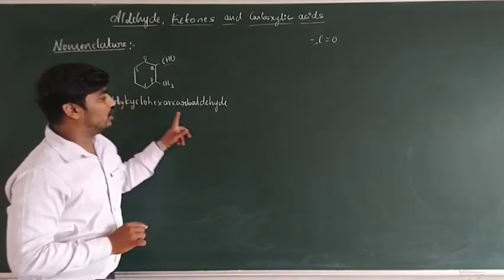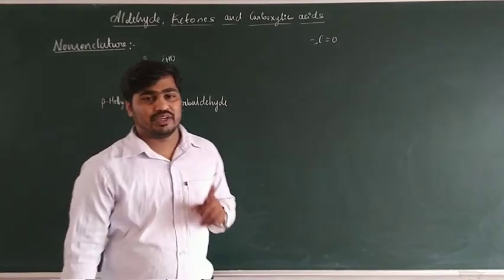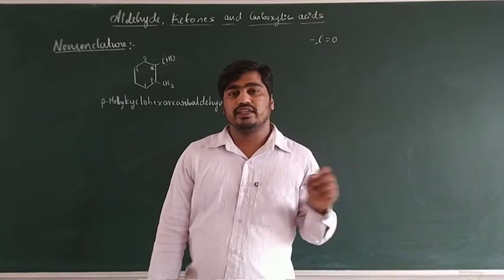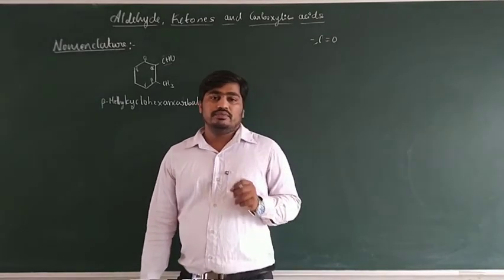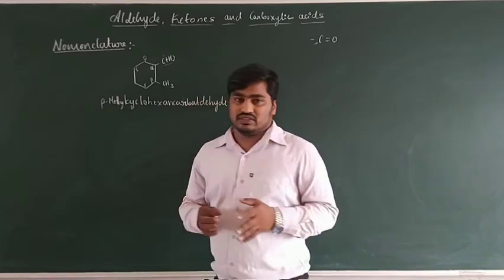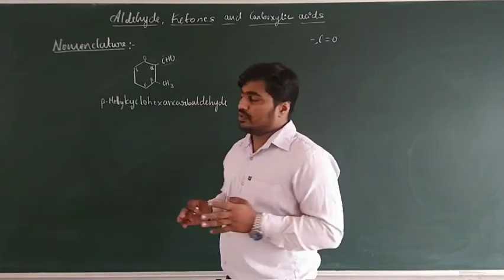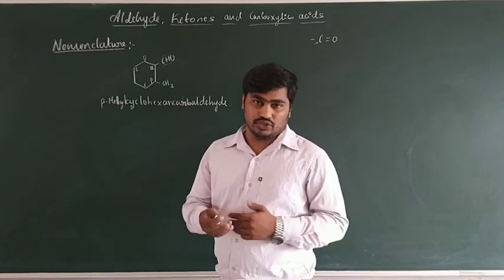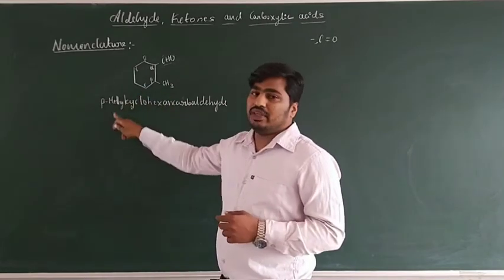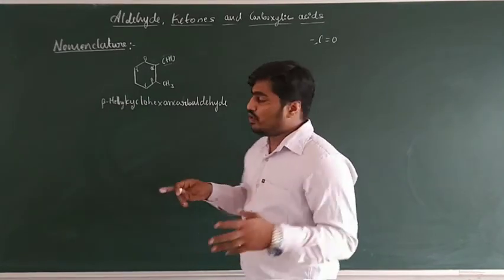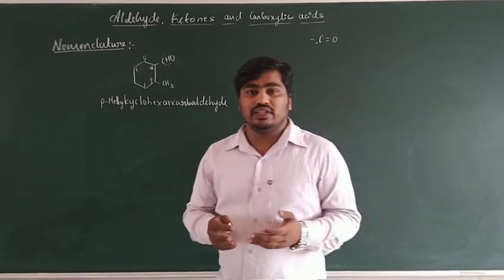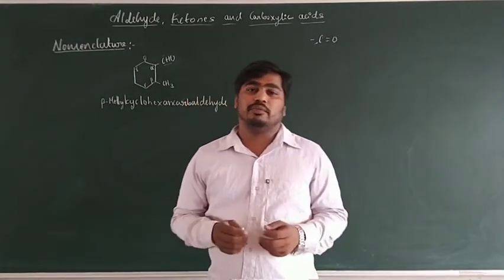The name of the compound is beta-methyl cyclohexane carbaldehyde. Similarly, we give the notation for the prefixes in the common naming system for other substituents also. If the CH3 group is attached to gamma, then it is gamma-methyl cyclohexane carbaldehyde. So this is the way of naming aldehydes in the common naming system.